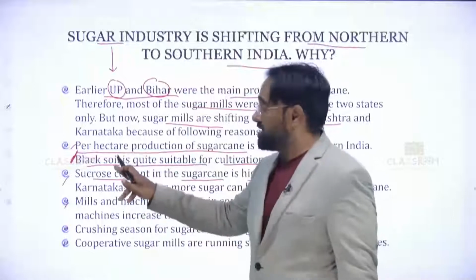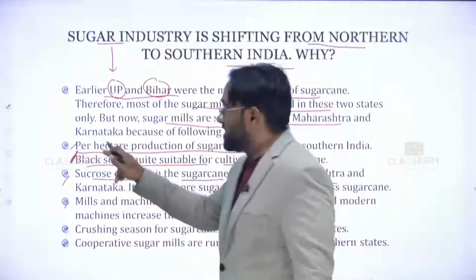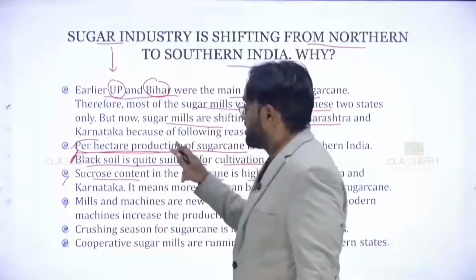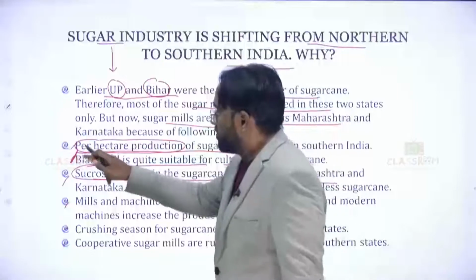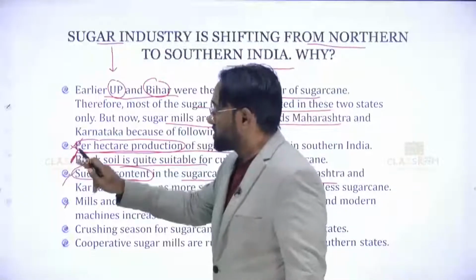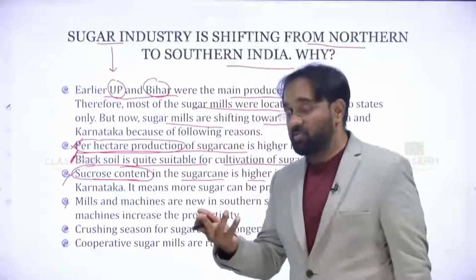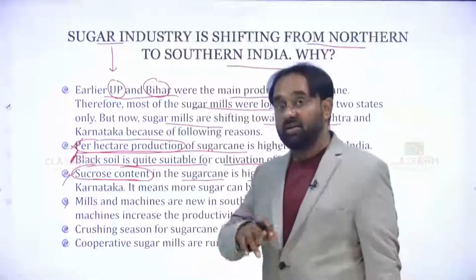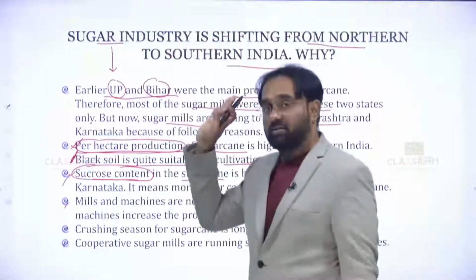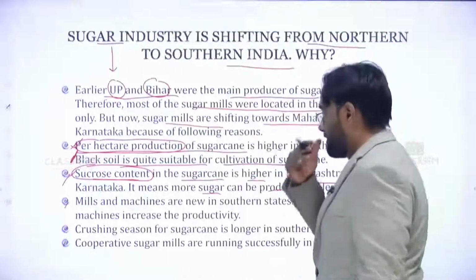See here, the first thing is per hectare production, and the second thing is sucrose content. The amount of sucrose in the sugarcane produced in southern India, that is in Maharashtra and Karnataka, is higher compared to Uttar Pradesh and Bihar. Okay. It means more sugar can be produced from less sugarcane.